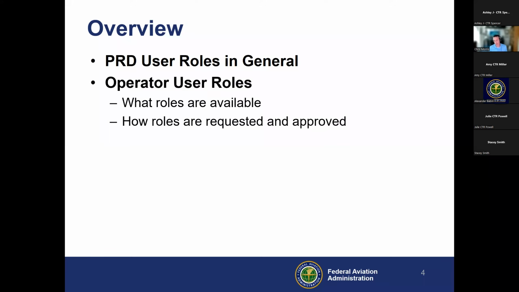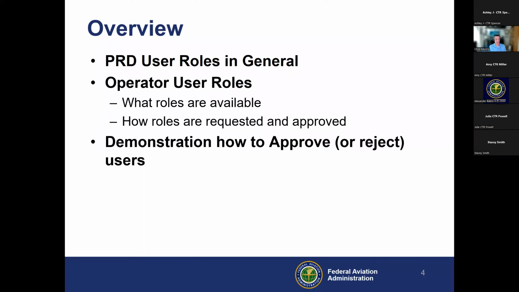Once we cover what's available, what they do, and why you might want them, then we'll cover how you request those roles, and how they get approved. What's the actual process for that? We're going to do a demo for that part of it to show how certain users at operators can approve roles. So that's the demonstration that we'll talk about.